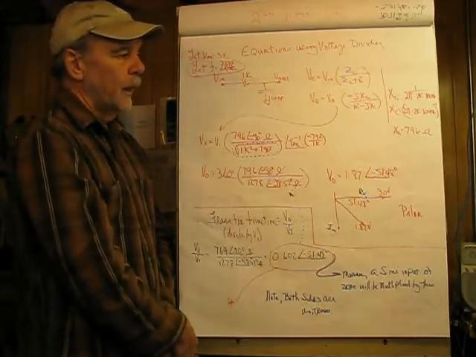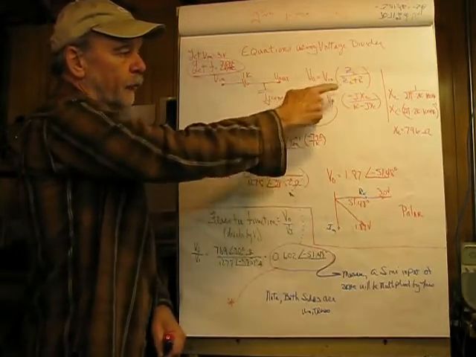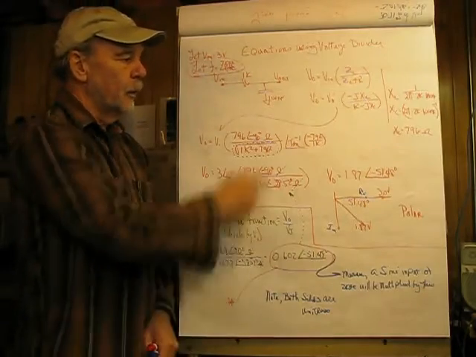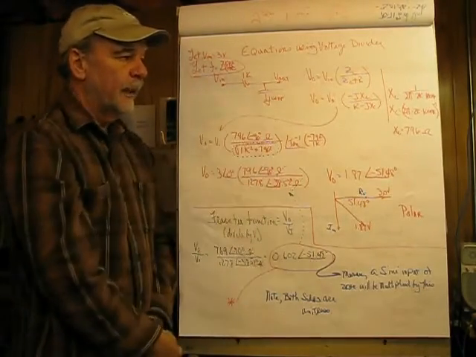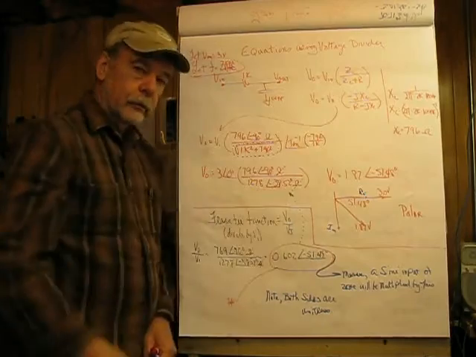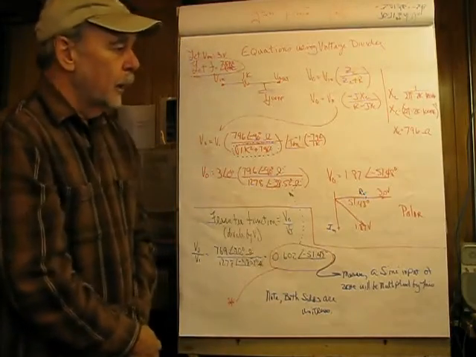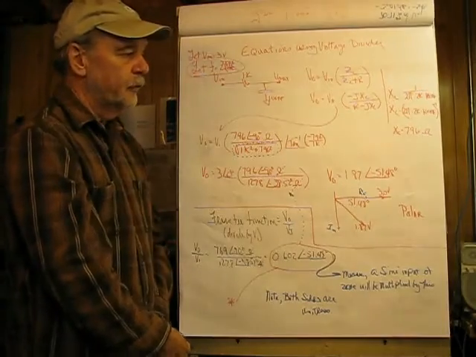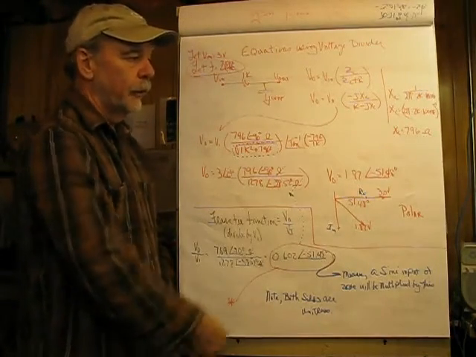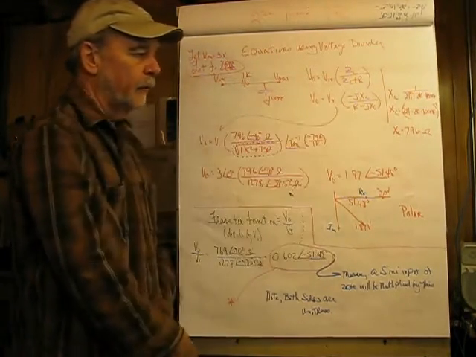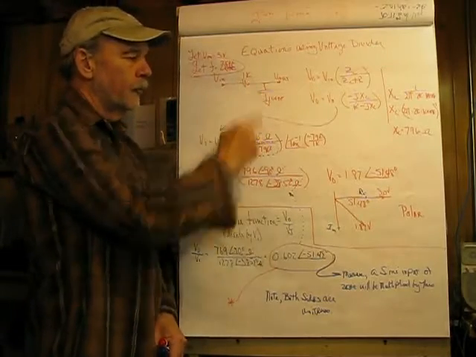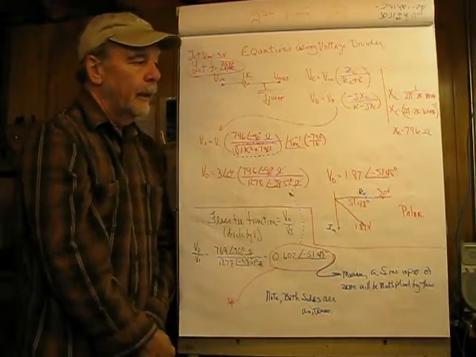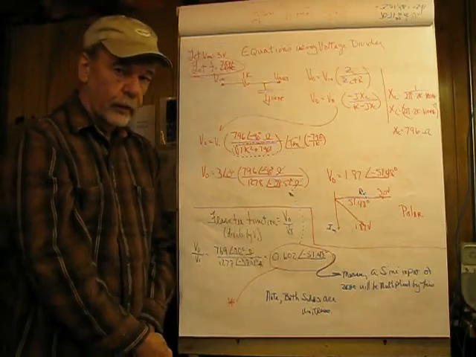I'm going to apply the voltage divider principle here, V in times the ratio of the impedance of the capacitor divided by the total impedance. Populating that with the symbols, we have negative j X sub C in the numerator, and in the denominator we have the total, which would be this added to this. And when I say added to, it's not a direct addition.